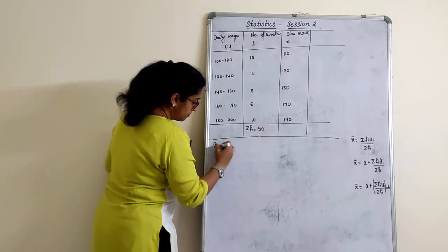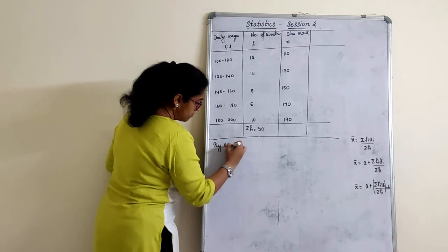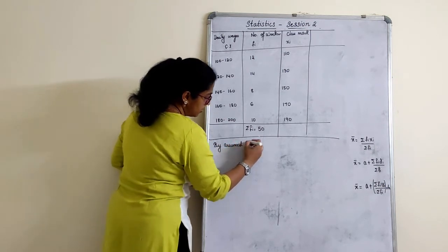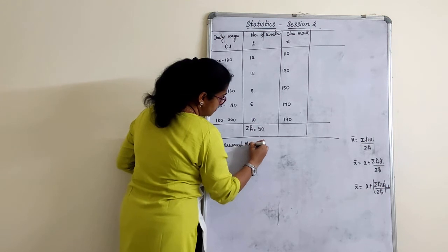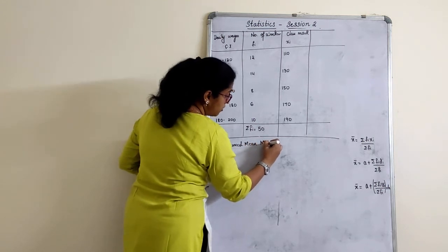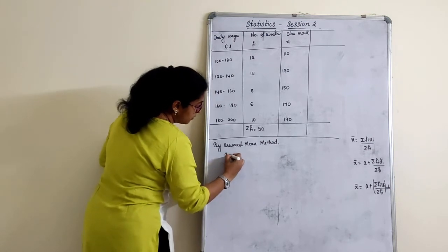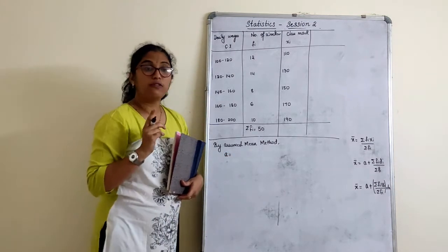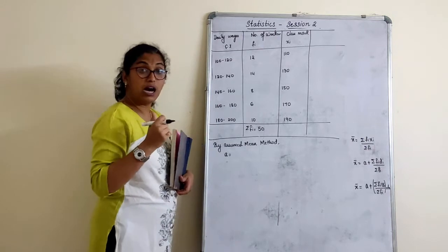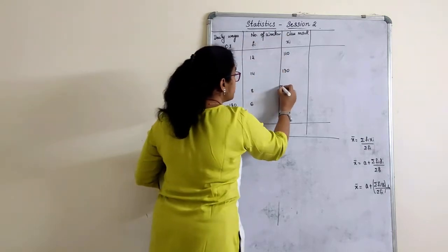By assumed mean method. You have to mention what method you are using. Therefore, assumed mean is equal to. Assumed mean we always choose from the class mark. How to choose? The middlemost term.